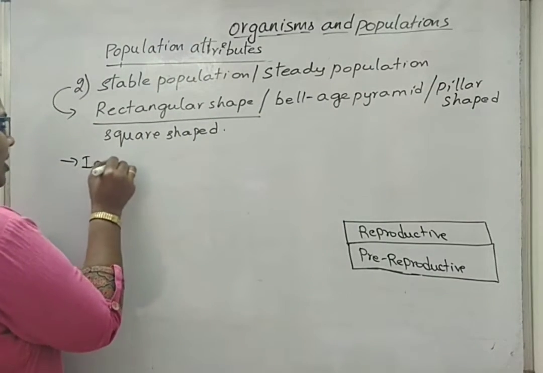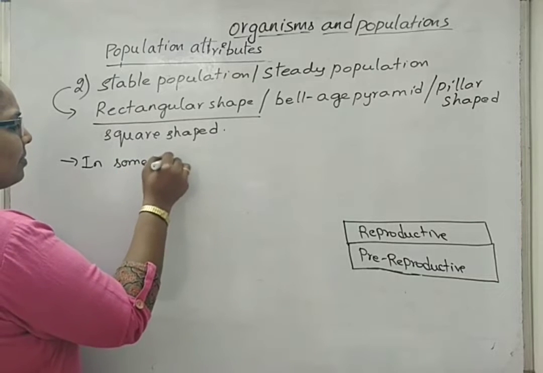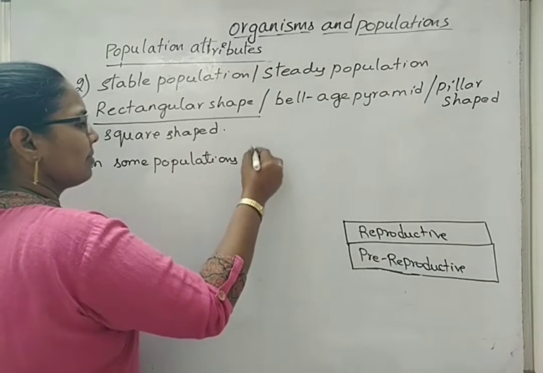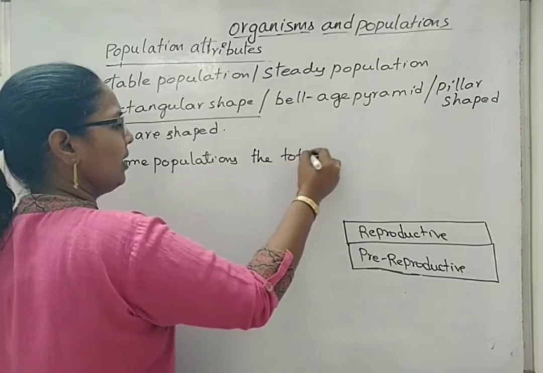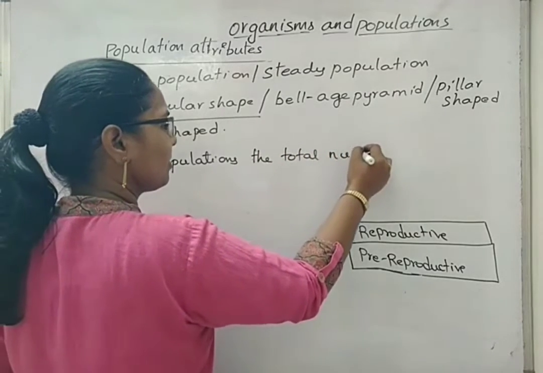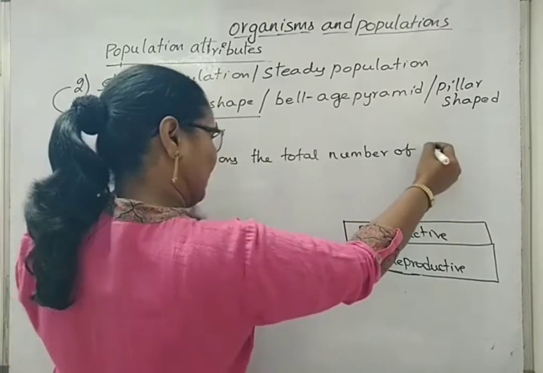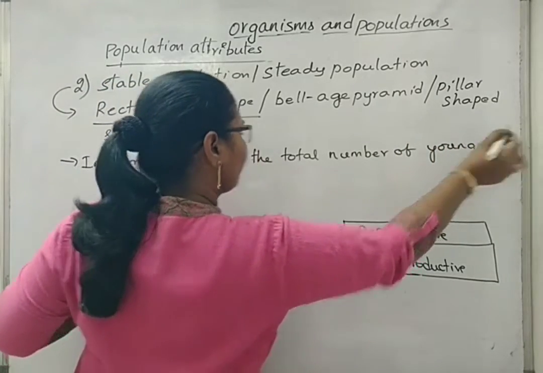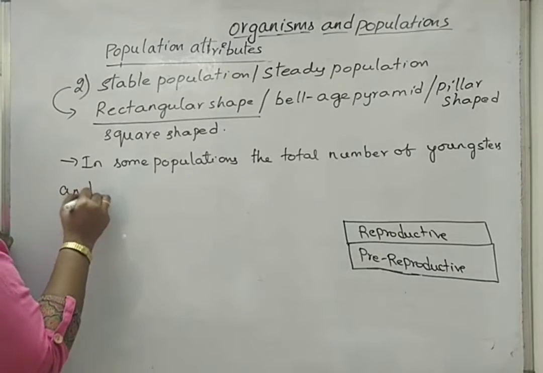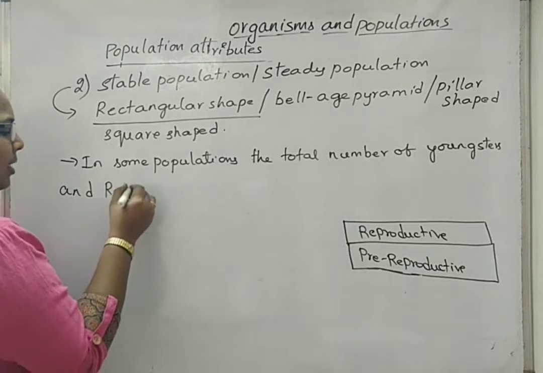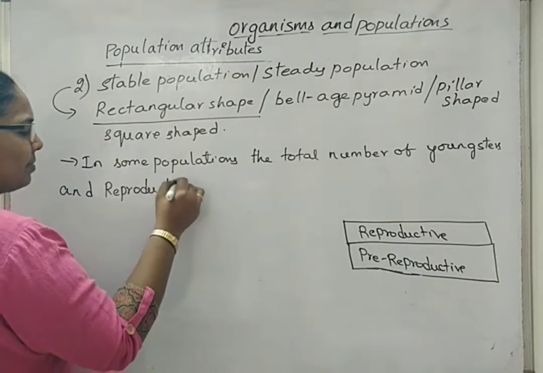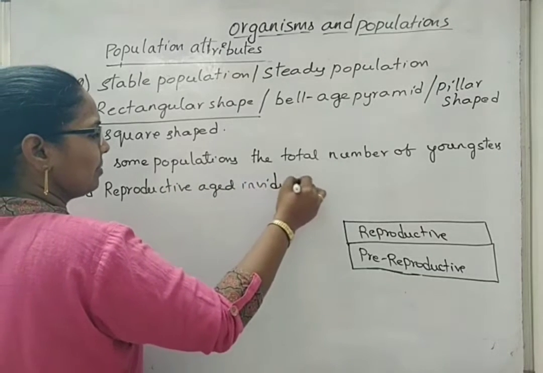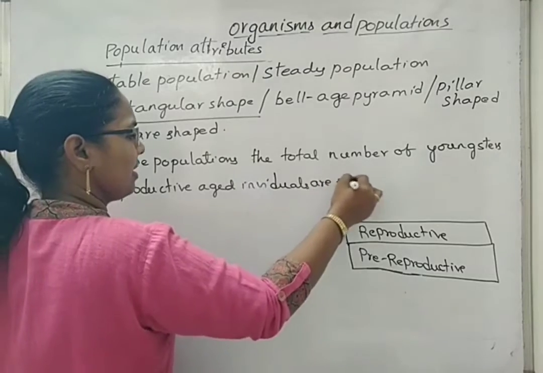In some populations, the total number of youngsters and reproductive aged individuals are the same.